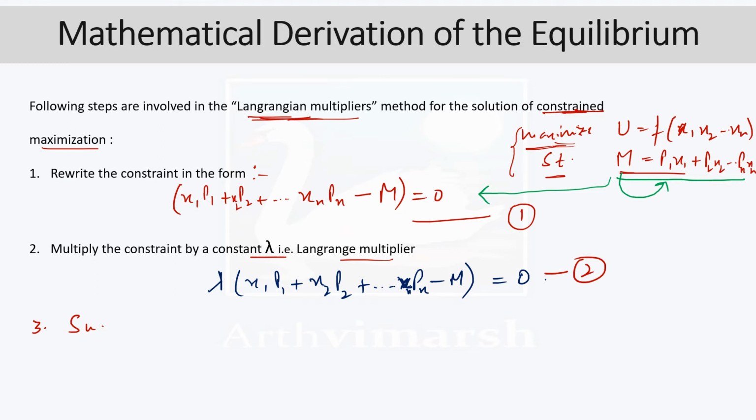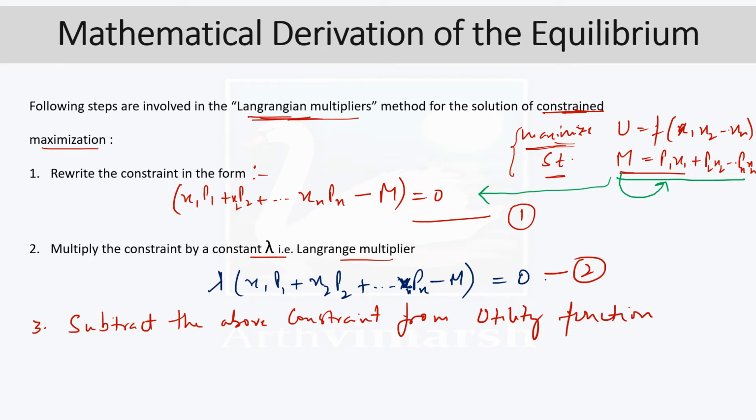The third step is to subtract the above constraint from the utility function.